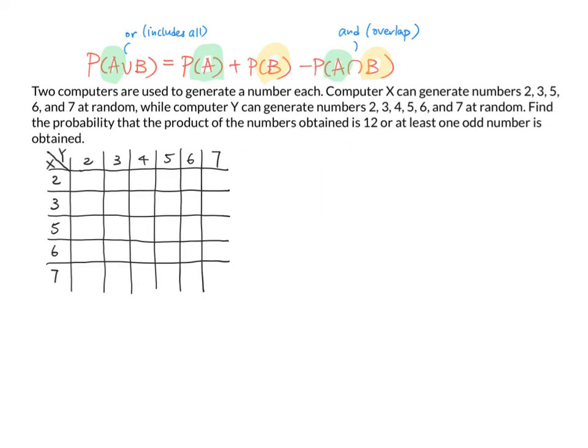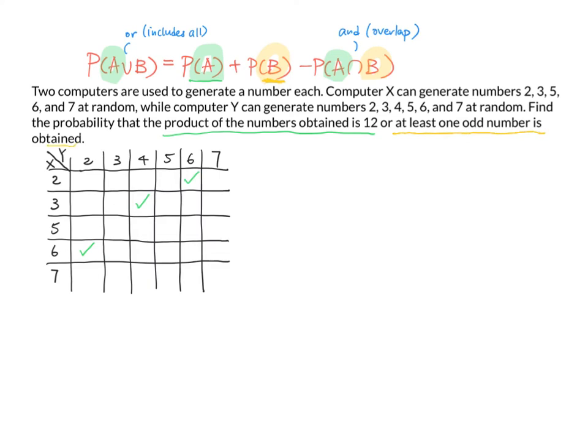So here we go. Let A be the event that the product of 2 numbers is 12. All right, so we have this one, we have this one, and we have this one. I believe that's it. And let the event B be the event that at least one odd number is obtained.